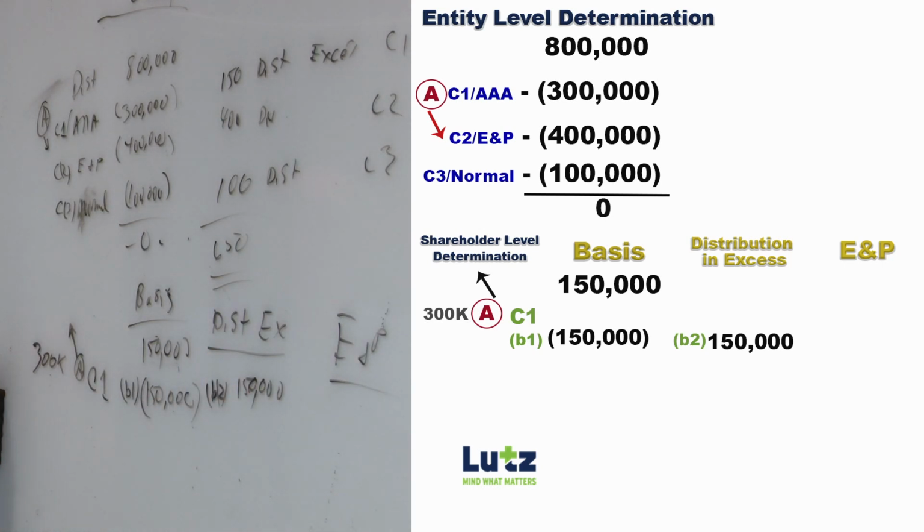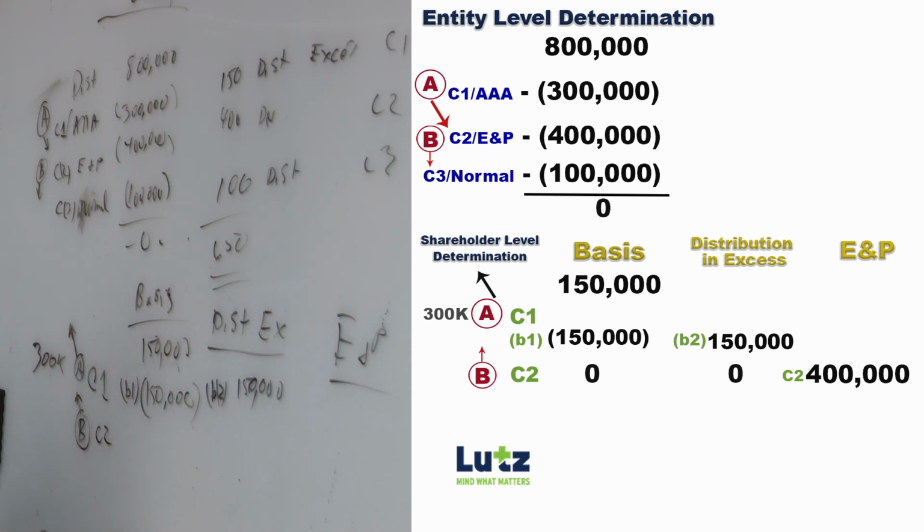So then I have my second entity level determination, which is of the 800, 300 has been accounted for. I have 400,000 of CE&P that's in the company. So C2 says to the extent I have CE&P, it's dividend.